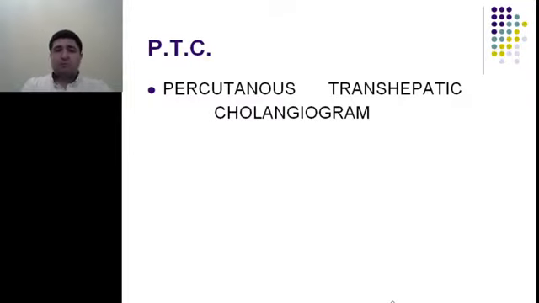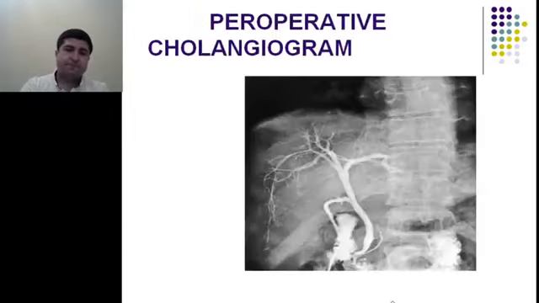Doing the puncture, we see bile coming through our needle, so we are exactly there. Then we enter contrast inside through the puncture needle and do X-ray. So we're doing an antegrade cholangiogram, and we can also see problems inside.